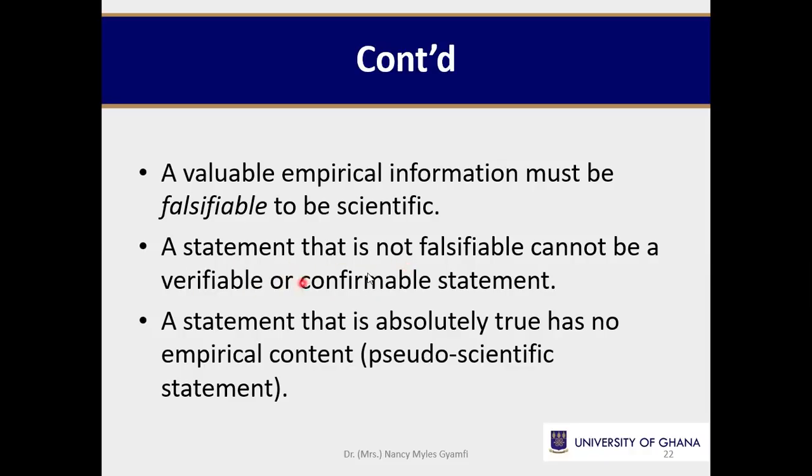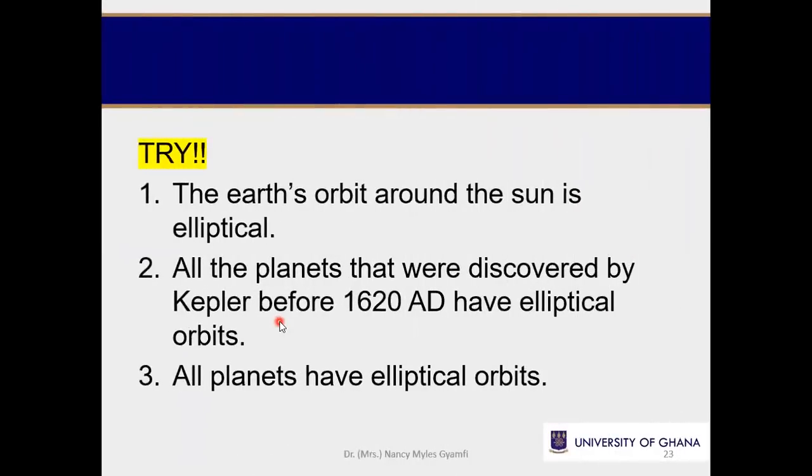The one that cannot be verified or has no empirical content at all is what? The pseudoscientific statement. It doesn't have any empirical content. Sometimes we say the same of verifiable statement. But if we had all the three, then the one that is empty of empirical content will be what? The pseudoscientific statement. A statement that is absolutely true has no empirical content. That's what we have said already, pseudoscientific statement.